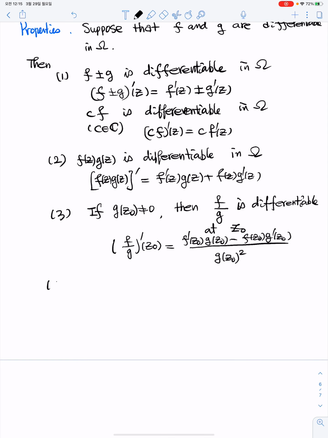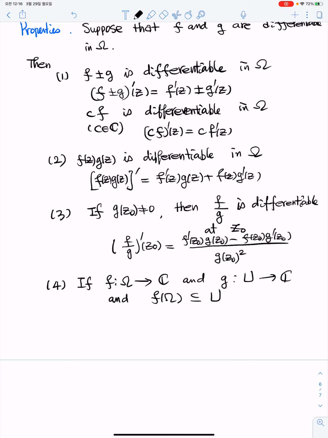We also have the composition function. f is a function from omega to the complex plane, g is a function from u to the complex plane, and f of omega is contained in u.